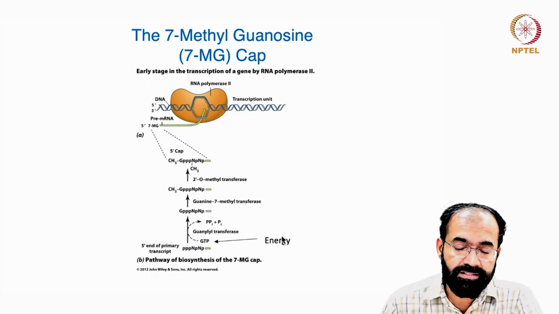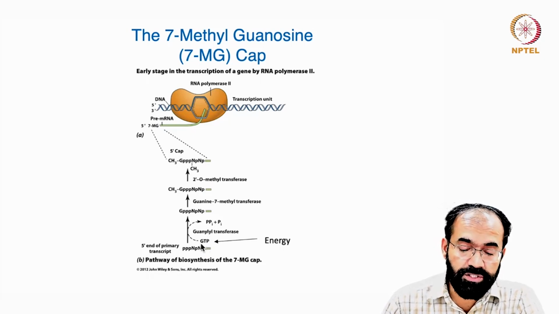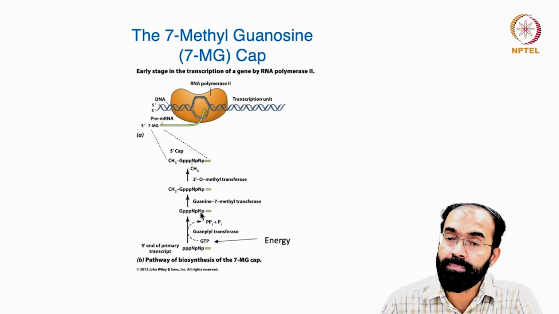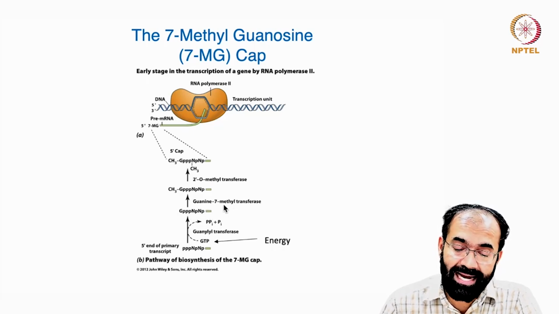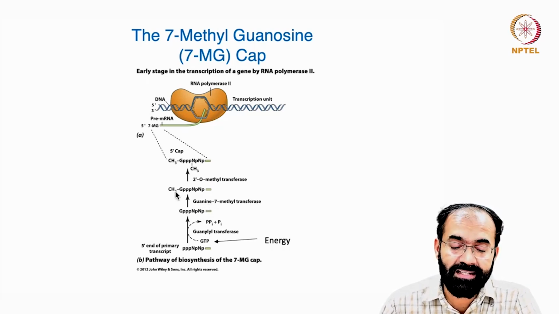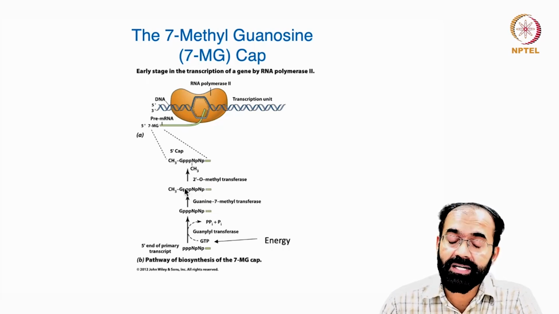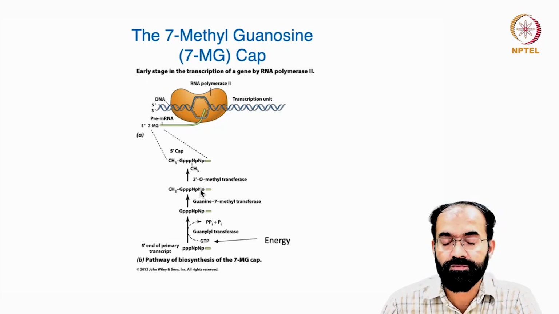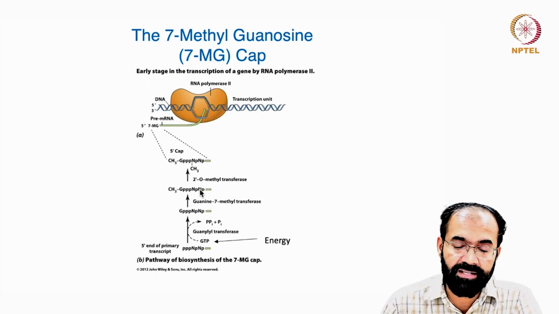To start with, at step number 1, there is utilization of GTP, and guanylyl transferase converts it to a GpppNp intermediate, which is acted upon by guanine 7-methyl transferase, and you end up getting a methylated GpppNp. What does this GpppNp indicate? It means a guanosine with all 3 phosphates intact, and downstream you have a nucleotide, phosphodiester backbone, again nucleotide, phosphodiester backbone. That is what Np stands for.